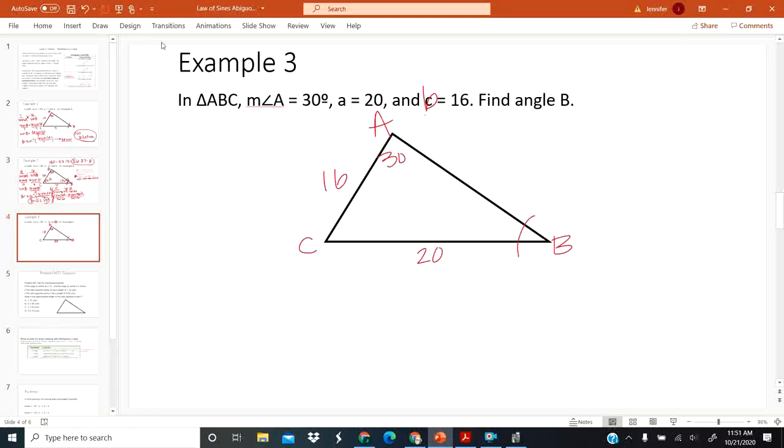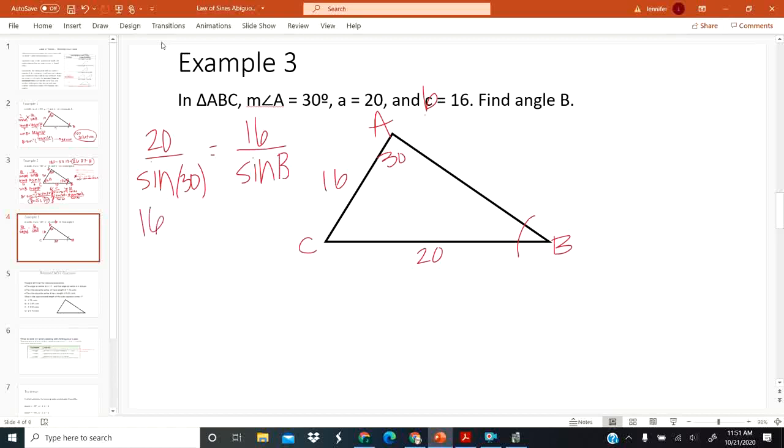So first we want to find just regular angle B, not worrying about if it has a supplement or anything like that. And so I'm going to have side little a, which is 20, over the sine of angle A, which is 30. And then I'm going to have side little b, which is 16, over the sine of angle B. And I need to solve this out.